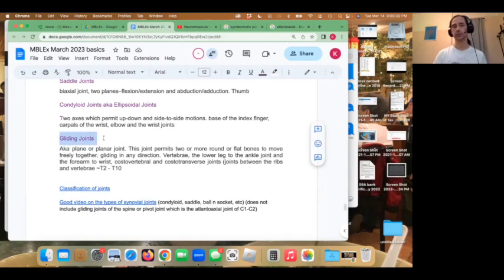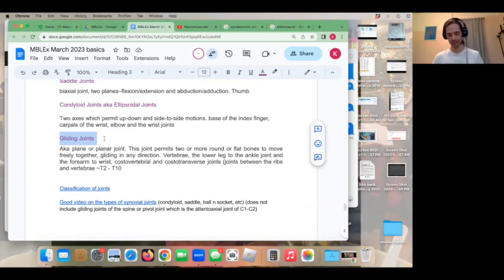Where are the other gliding joints in the body? I guess your wrist might be. The wrist may be a gliding joint. Yeah, it can be considered a gliding type joint. But there's two other areas which are definitely gliding joints, which you're probably going to be tested on. I'm not sure.